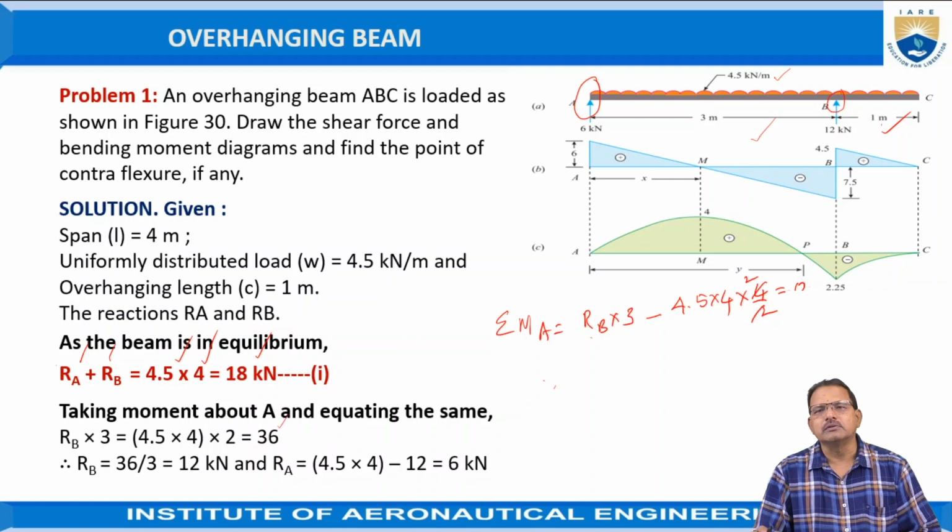RB is equal to 36 by 3, which is 12 kilonewtons. Since RA plus RB is equal to 18 kilonewtons, RA is equal to 18 minus 12, which is 6 kilonewtons.